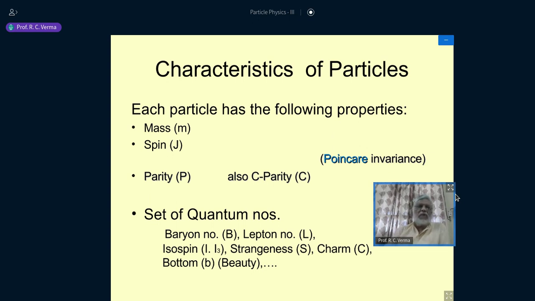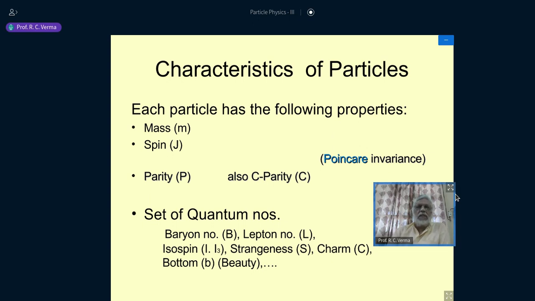In the beginning, people thought that neutrinos may be massless, but those neutrinos have a very little mass associated with them, and it is one of the important problems of modern days to understand the mass spectra of the neutrino. Then each particle carries definite spin.